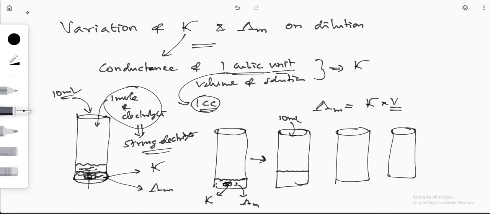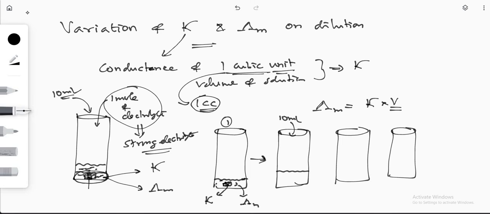See student, in the concentrated solution, this is number 1. In number 1 case, you have a concentrated solution where ions are closely spaced. In that case, the number of ions in 1 cc volume is very high. So kappa value is very high in the first vessel.